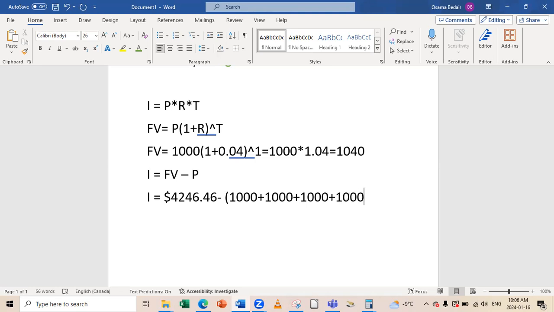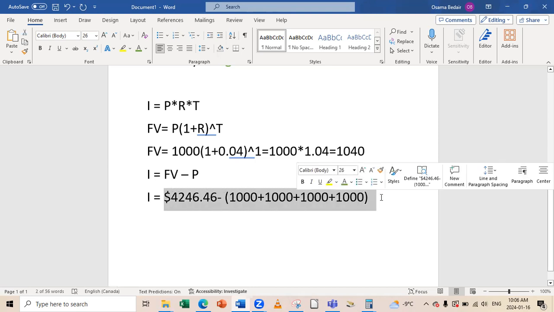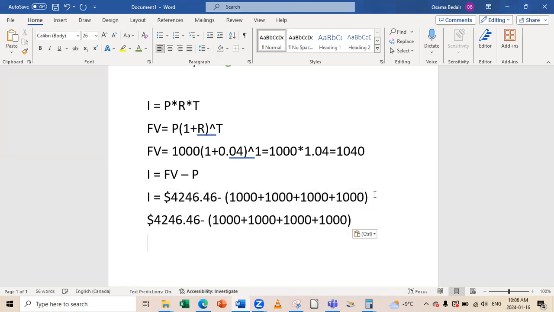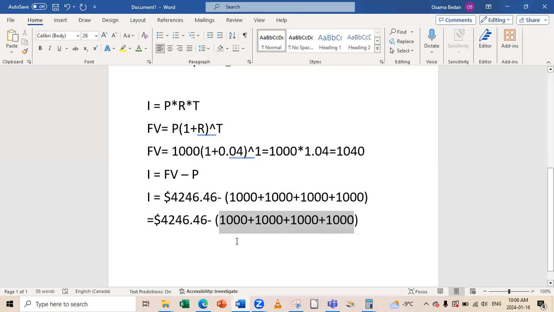So when you do this, this amount of money, I will take it back like this, Control and C. This amount of money, Control and V, will equal minus 4,000. That will be 4,000. So that will equal 246, this number.